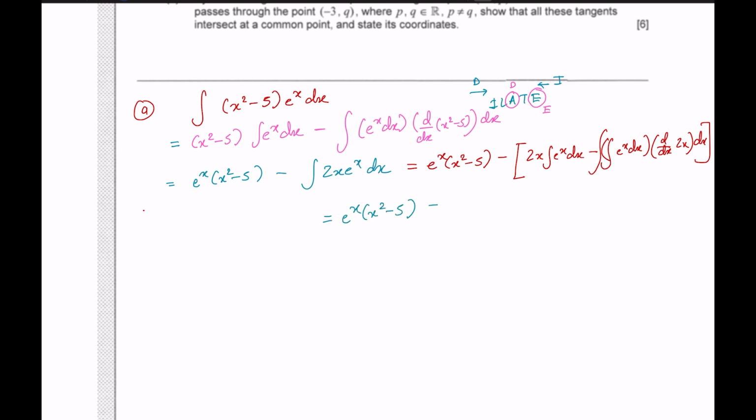So this will be 2x e to the power x minus integral of e to the power x is e to the power x and differentiation of 2x is 2. So integral of 2 e to the power x dx, plus twice e to the power x plus c. That is the integral of this expression. Done.